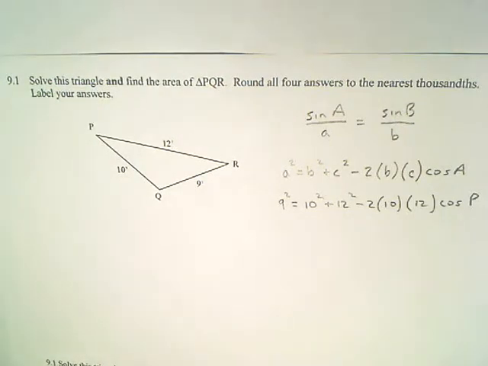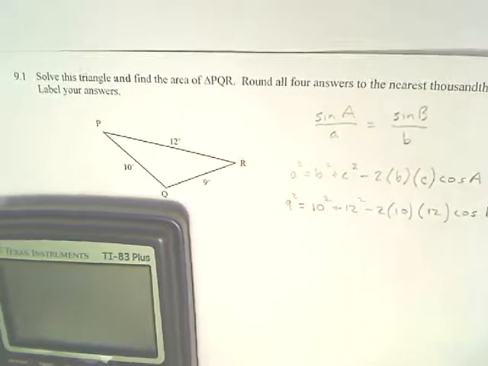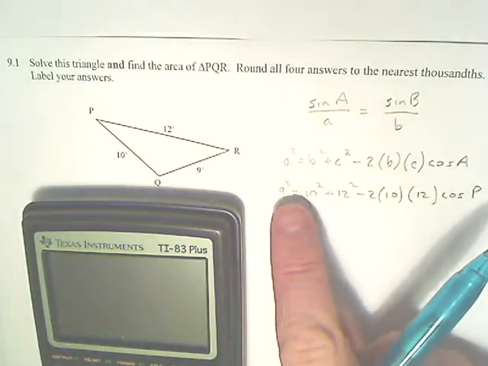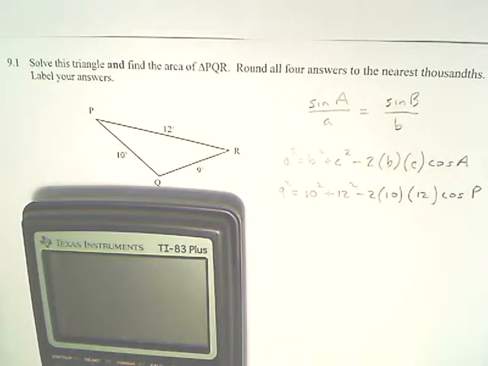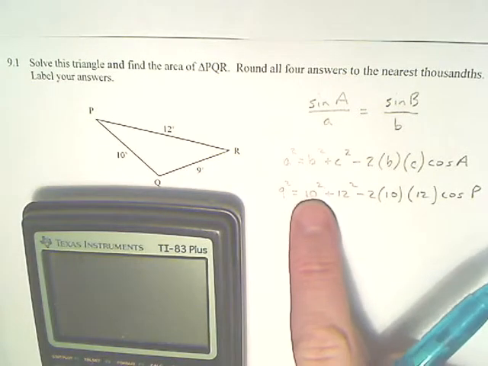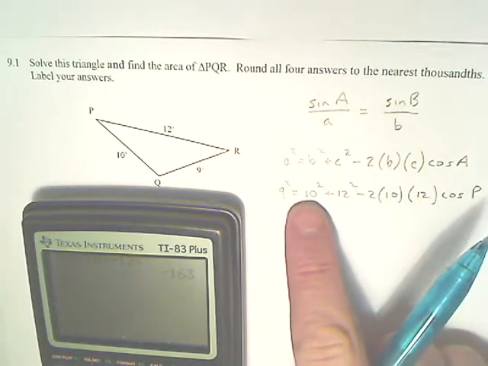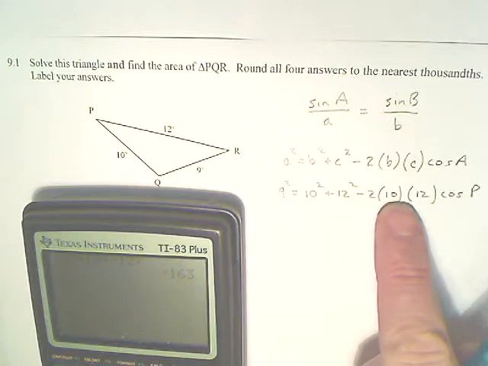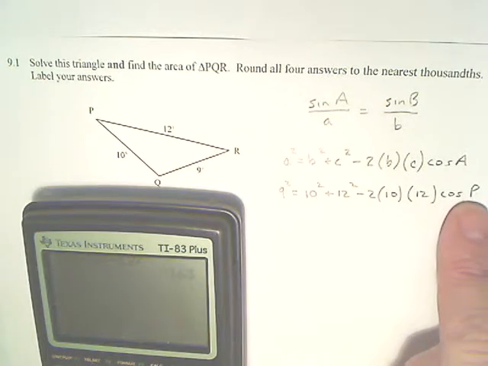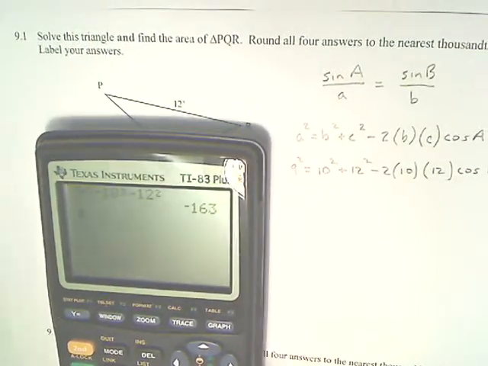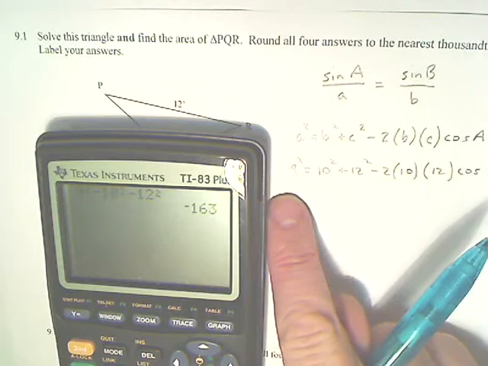So at this point, I need to punch these things on my calculator. I'm going to start with the 9 squared, and I'm going to subtract the 10 squared and subtract the 12 squared. Do those at the same time. Just make sure you don't combine those with this 2, 10, and 12. That's not allowed because that's multiplied by cosine P. So after I move those things over, I currently have a negative 163 on the left side.